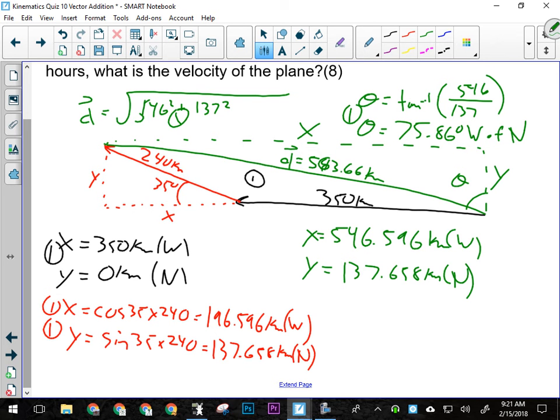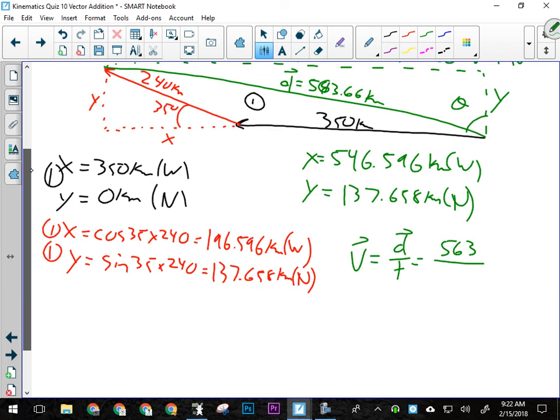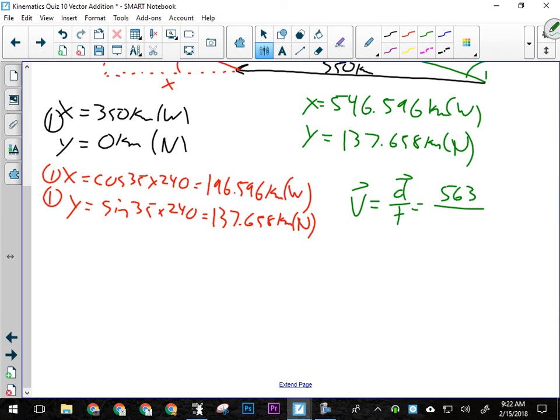In order to get the average velocity, it is total displacement over total time. So I'm going to use my 563 with all the decimals divided by the time. And they told us that this takes 2.5 hours.